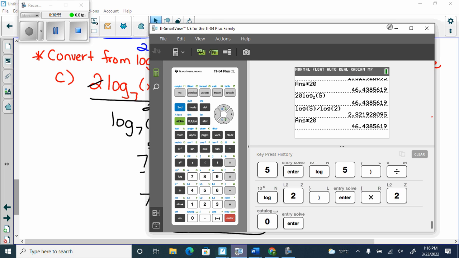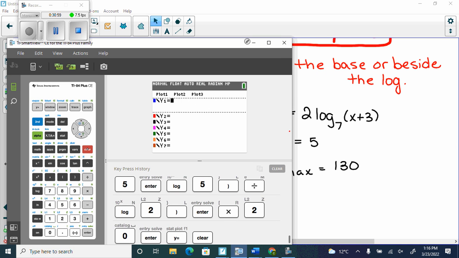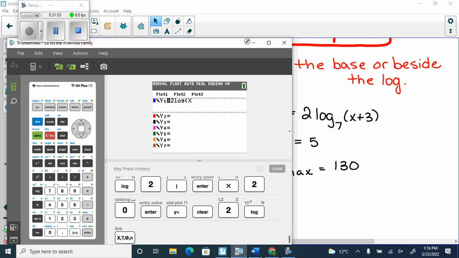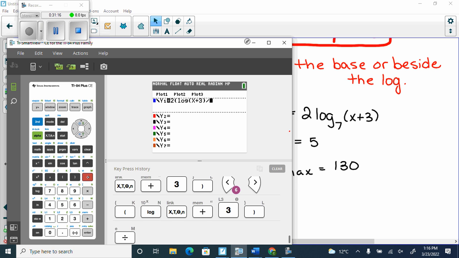So if you have the older calculators, you're going to have to go to log x plus 3. I guess I should put it in brackets. Log x plus 3 divided by log 7.